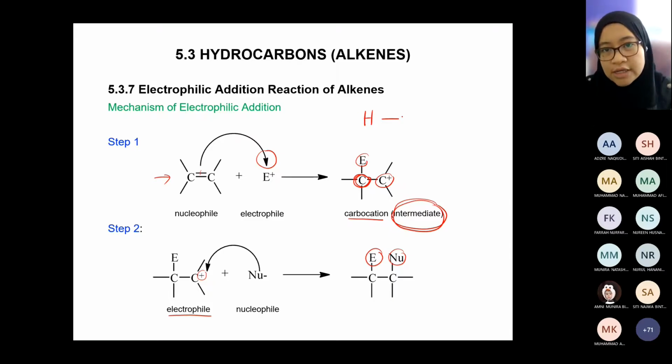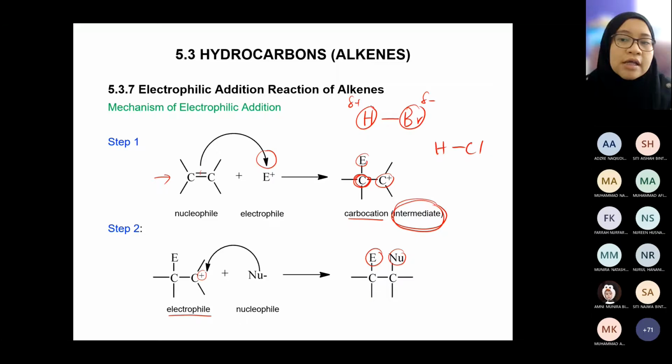This is HBr, for example, HBr, HCl. So this is the reagent used. If we were to compare the electronegativity between this H dengan Br, we know that H is slightly positive, right? Br is slightly negative. That means H is electrophilic.